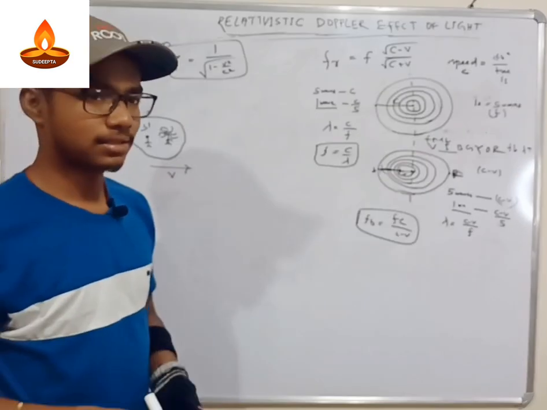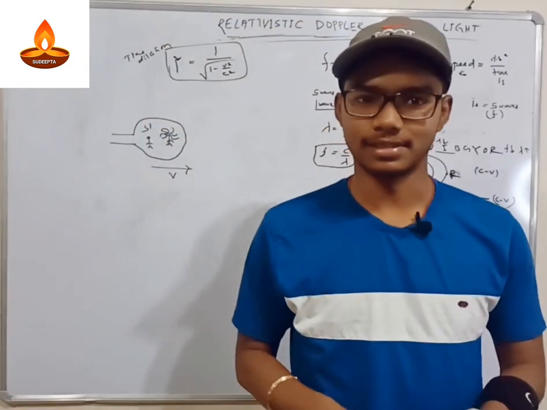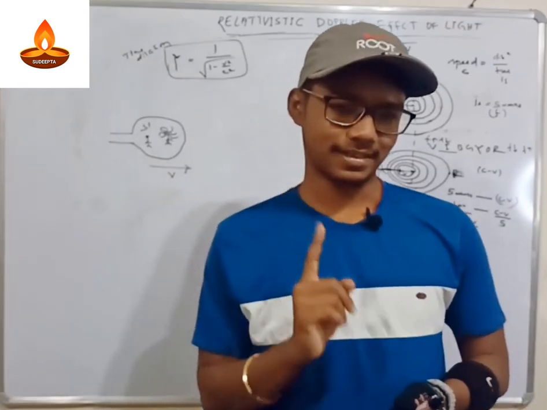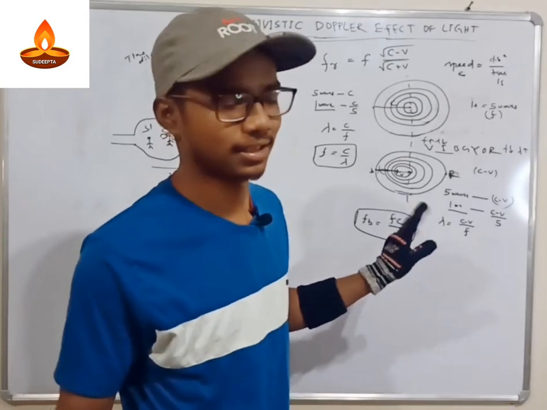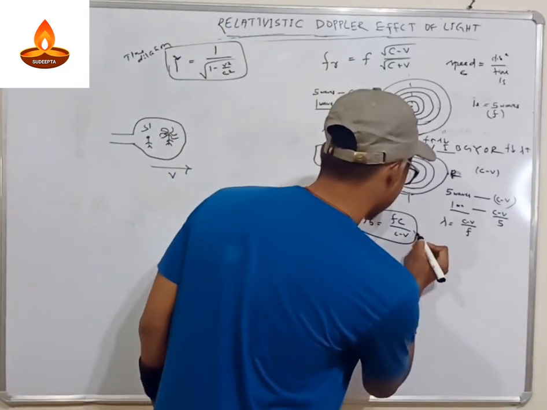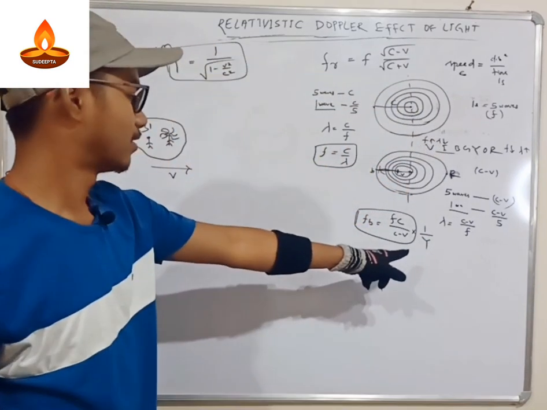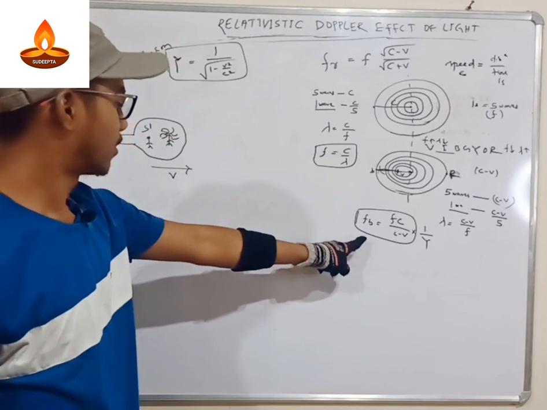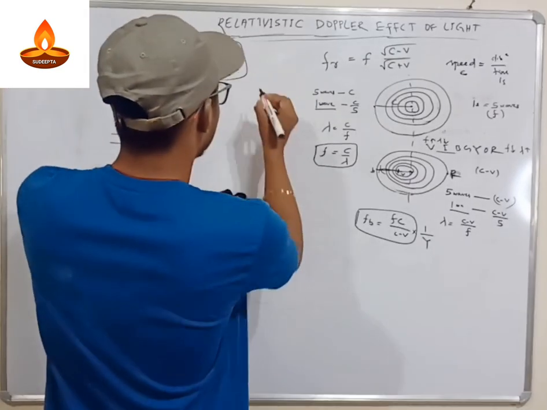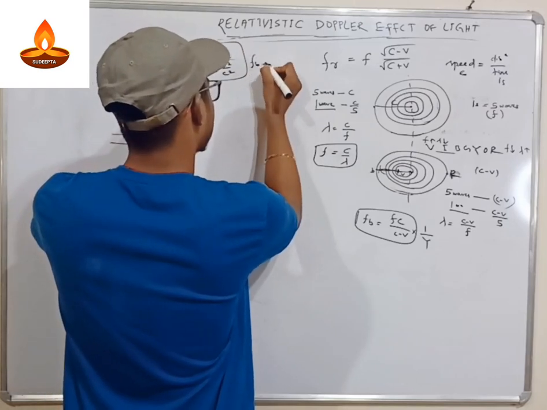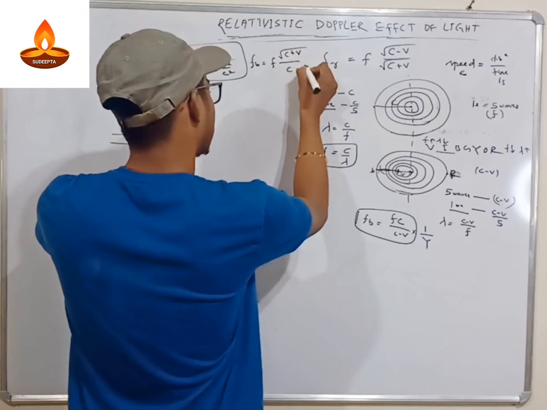We are in space, so time dilation also happens. Yes sir, you tell me the right thing. We just have to multiply by 1 upon the time dilation factor, that is gamma. But what was our formula? We have the blue shift formula, f into the square root of c plus v upon c minus v.